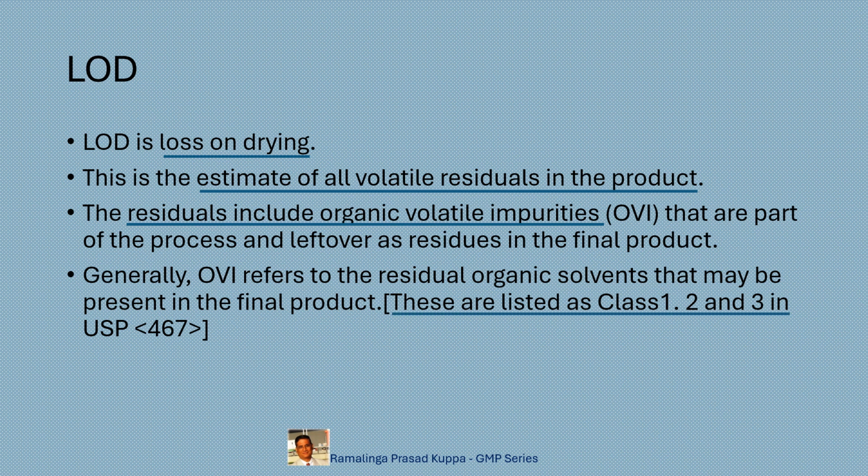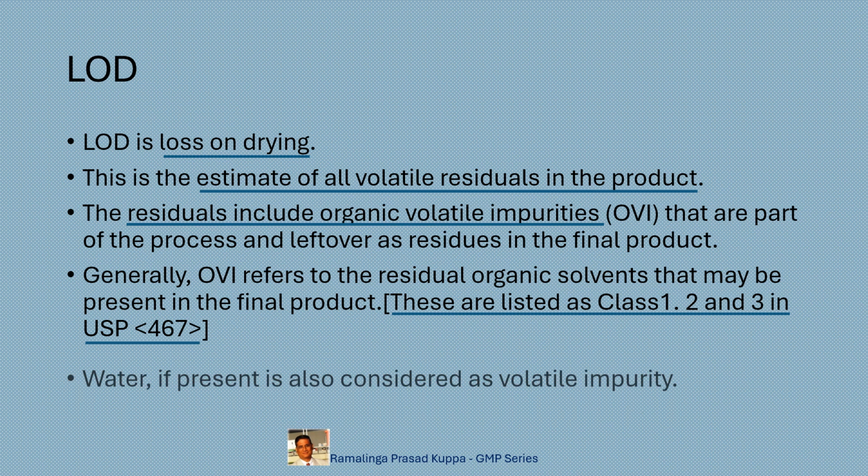These are listed as Class 1, Class 2, and Class 3 in USP 467. USP Chapter 467 prescribes upper limits for these three classes of residual solvents. Depending upon the toxic nature of the solvent, they are classified as 1, 2, and 3.